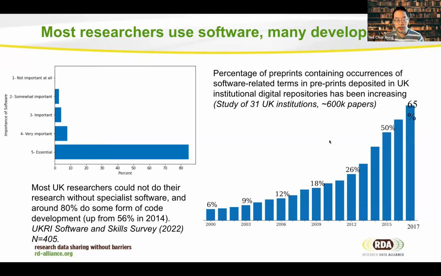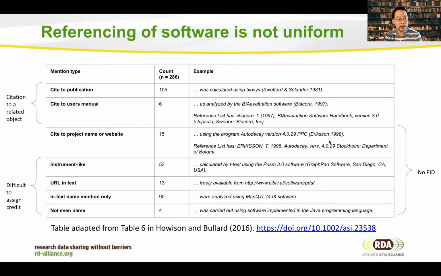So if all of the software is out there, why don't we see more of it around? The biggest problem is that the way that we reference software in the traditional scholarly literature, articles, papers, and so on, isn't very uniform. So this is a table from a study by James Harrison and Julia Bullard, which was looking at the different ways in which software is referenced in a set of different papers. And what they found was that software is referenced in many different ways.